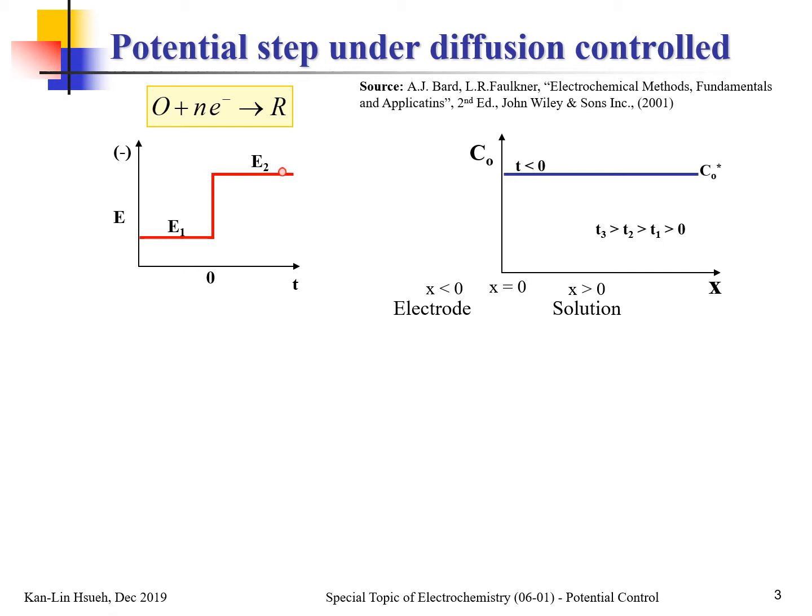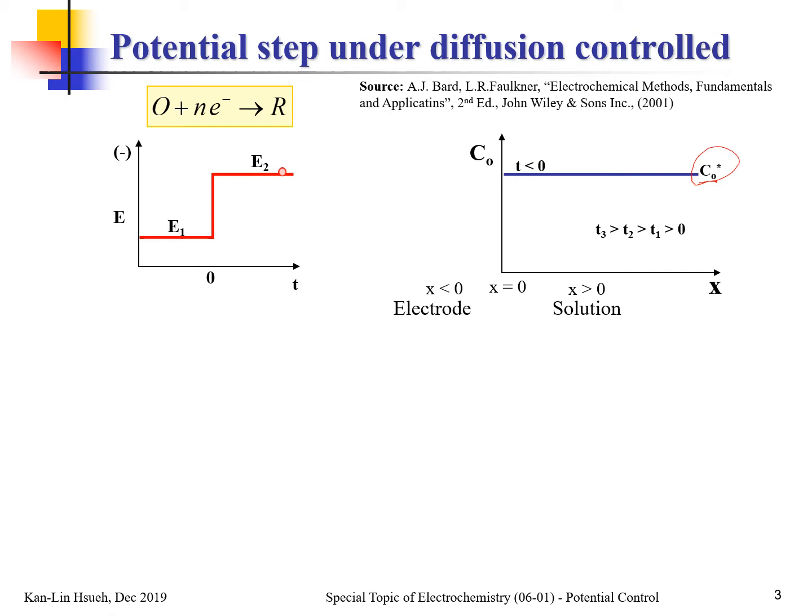Inside the solution, x greater than 0, at time less than 0, the potential is held at E1. In this condition there's no electrochemical reaction taking place, so the concentration of the O species is uniform over the entire solution, and we designate it as C0 star.